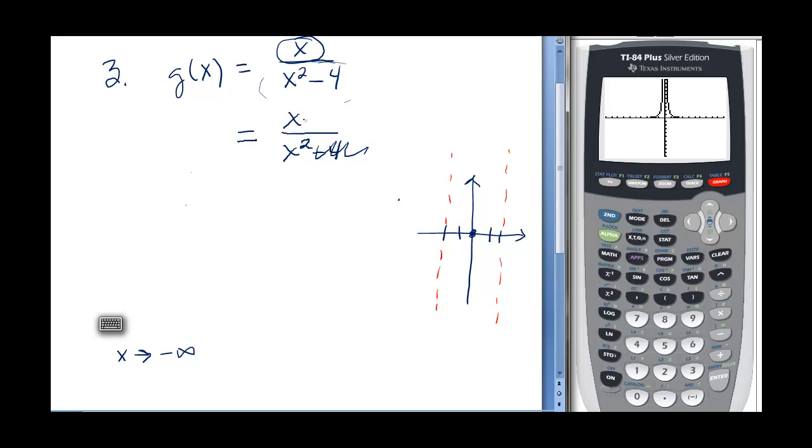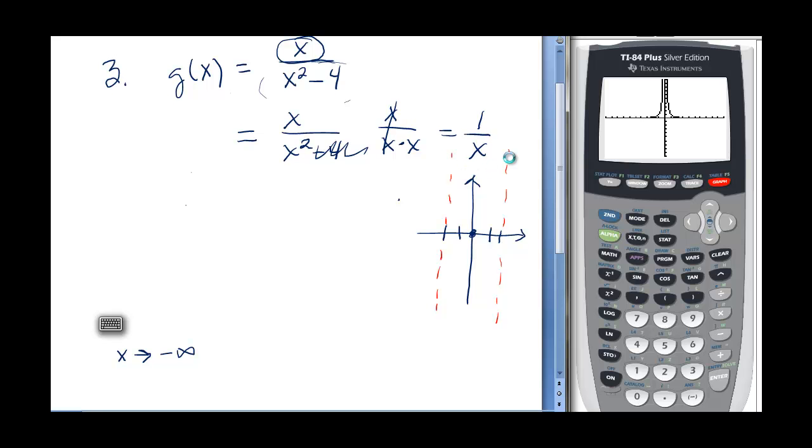And then we basically have x over x squared. As x gets really big, this x squared is going to overpower this x. So it would be the same situation where I have x over x times x, so it's kind of just like having 1 over x.